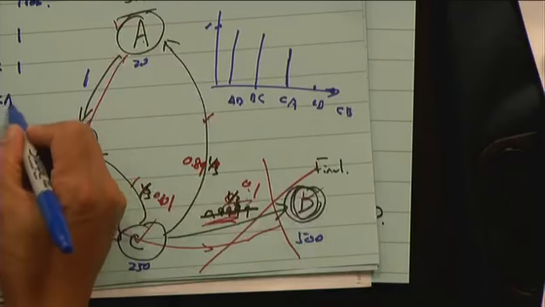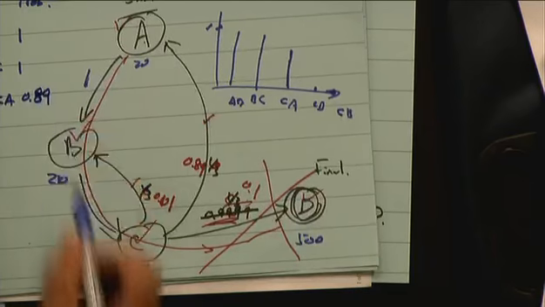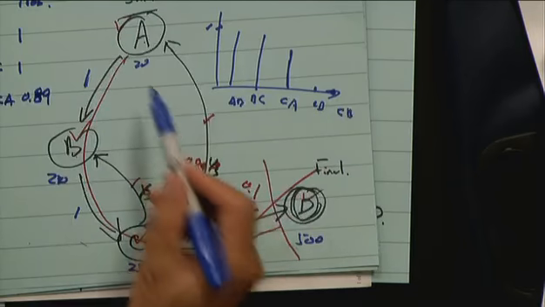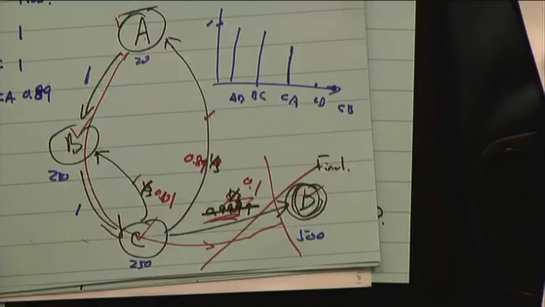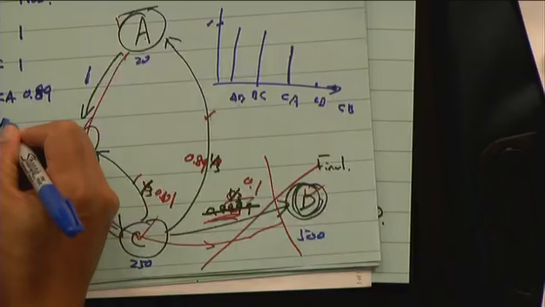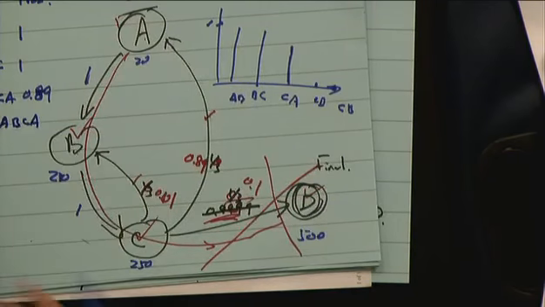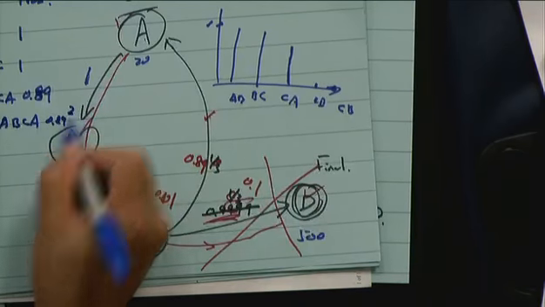ABCA is 0.89. How do I get 0.89? This times this times this, the product of all those probabilities. If I go A, B, C, A, B, C, A, going around twice, then it's 0.89 squared.